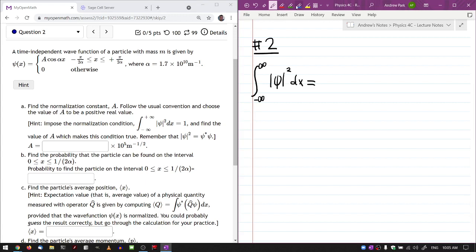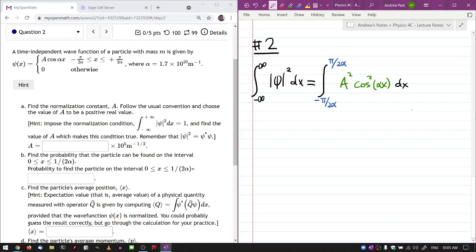I can, for one, set my limits of integration from negative pi over 2 alpha to pi over 2 alpha, and just write down the function as a squared cosine squared alpha x dx.